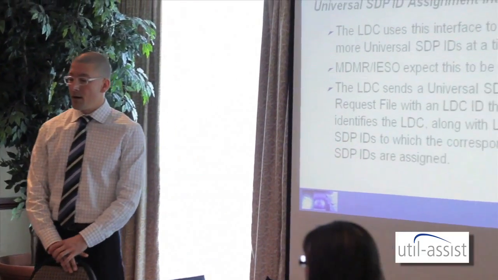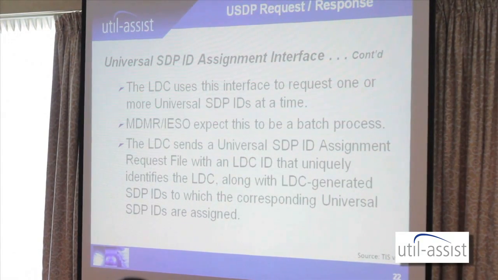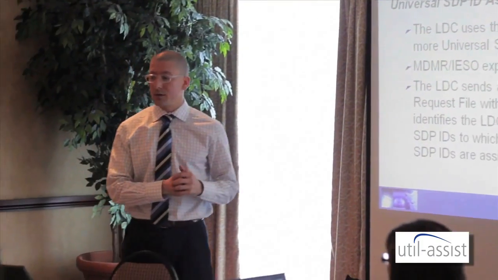You can use the interface to request one or more USDP IDs at a time. The MDMR loosely expects this to be a batch process. They never originally documented this expectation. Some utilities started to request them one at a time, and then they made it a little more specific in the documentation that they wanted this to be a batch process.